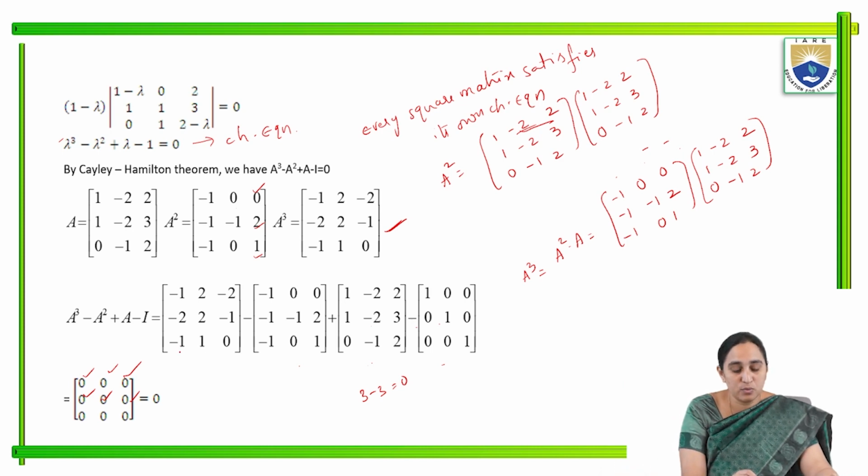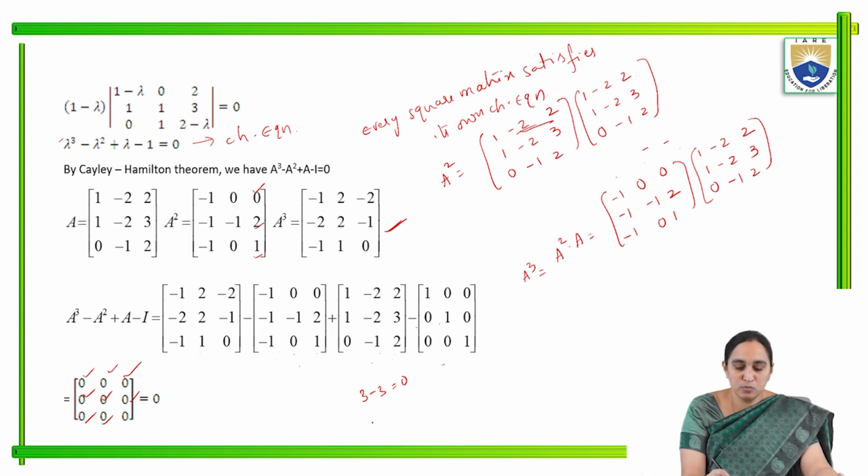Similarly, in the last row: minus 1 minus into minus plus 1, 0, and 0 plus 0, that is 0. And next 1 minus 0, minus 1, and next one 0. That means 1 minus 1 is 0. And next, the last element in the third row: 0 minus 1 minus 1, plus 2 minus 1, 0 minus 1 plus 2, and minus 1.